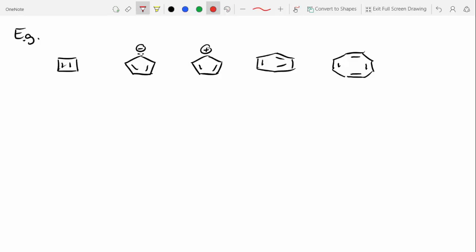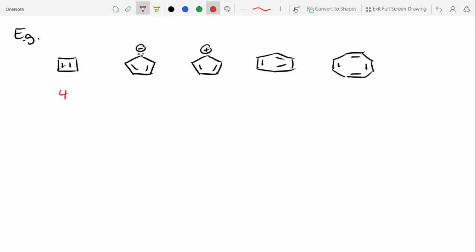You guys have these all written down? All right, let's take a look at the one on the far left. How many electrons are in p orbitals? 4. Does this follow the 4n plus 2 rule? No, there is no integer n that would fit that and give you an output of 4, right?